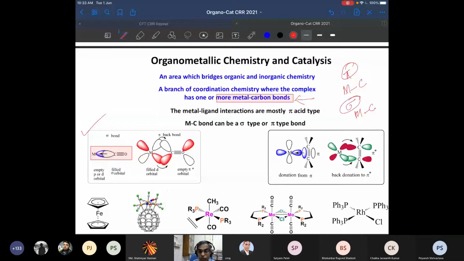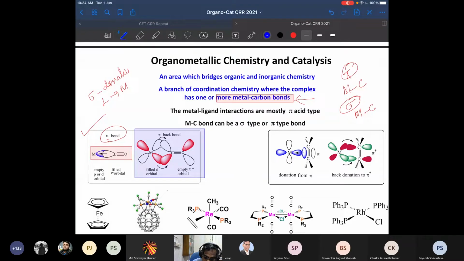On the other hand, this is basically sigma donation, from ligand to metal, right? Carbonyl to the metal. On the other hand, what I have shown in the blue rectangle, here we have the other orbital.